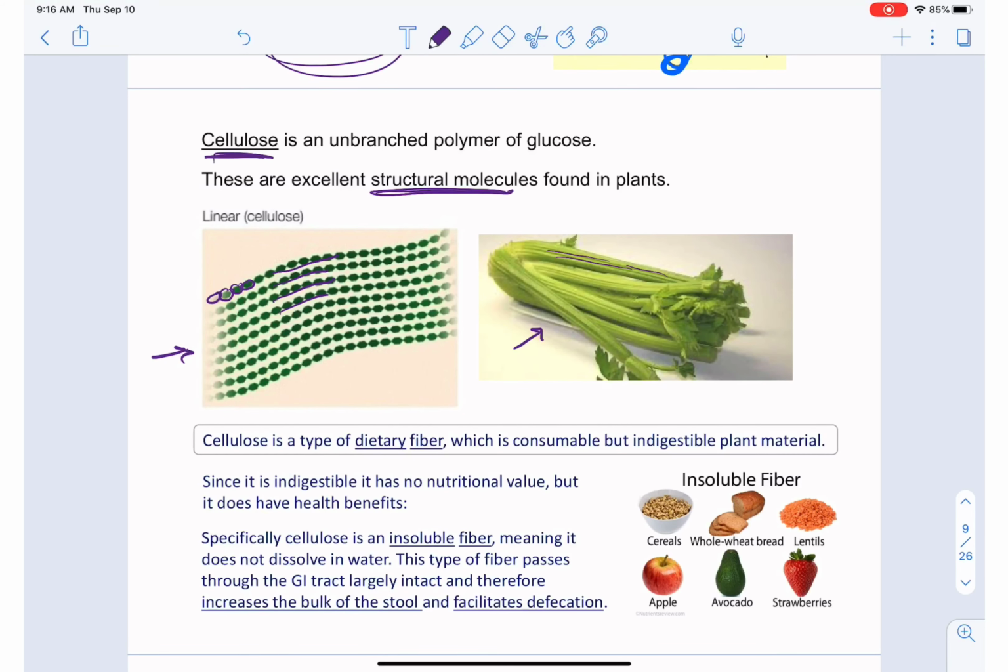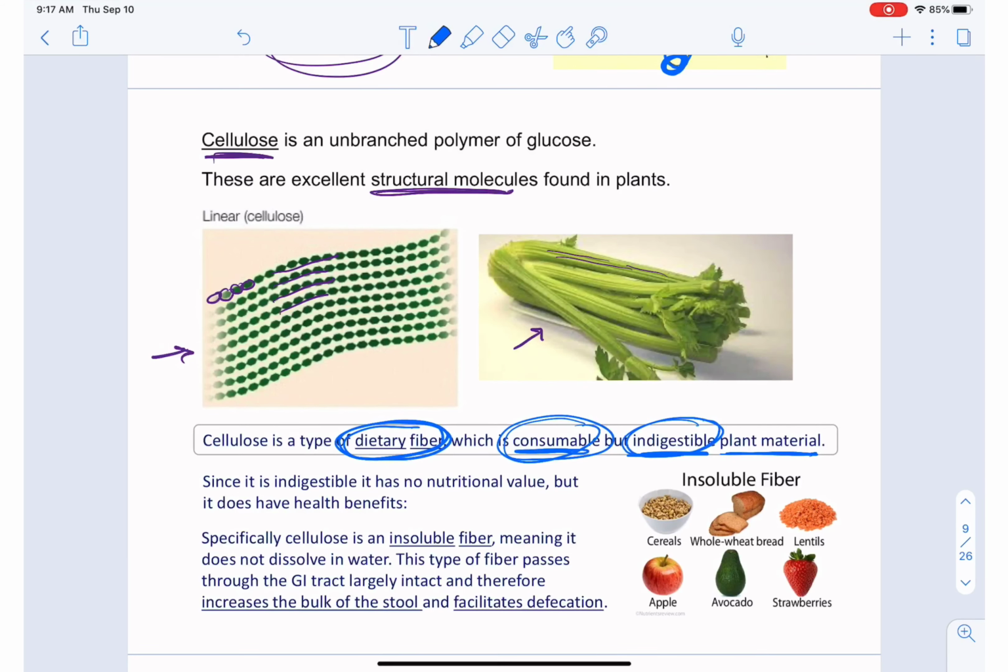Now, cellulose is a type of dietary fiber. And dietary fiber is consumable but indigestible plant material. That means that we can eat it, but we cannot break it down and absorb it into the blood.